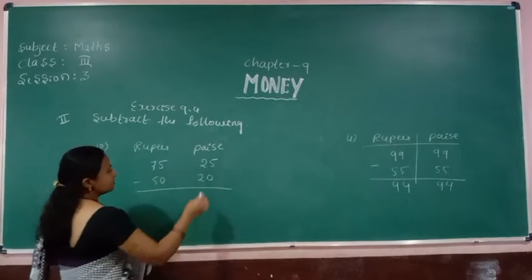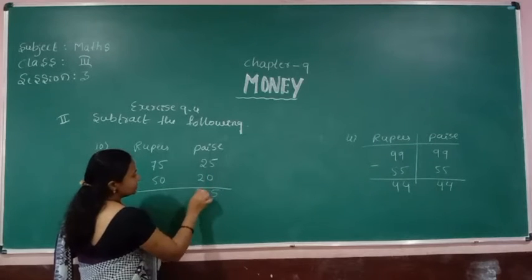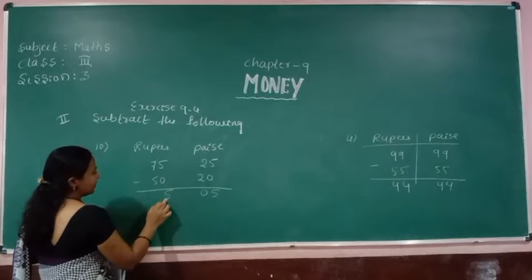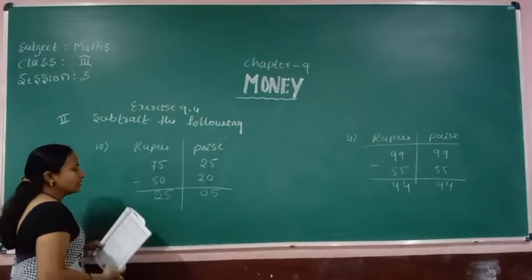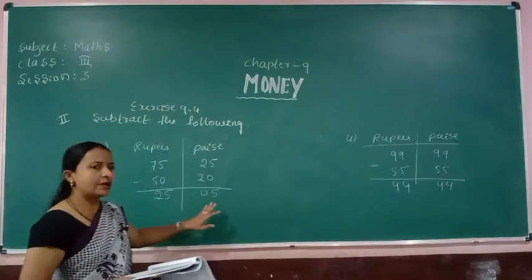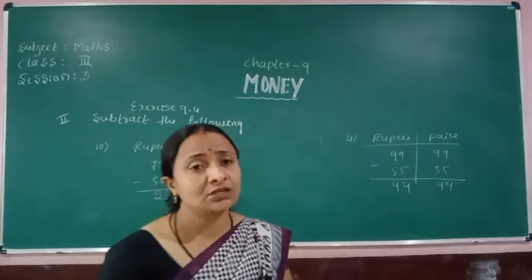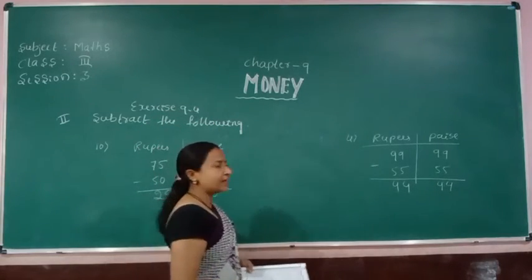Here, see, 5 minus 0 is 5, 2 minus 2 is 0. 5 as it is, we write. 5 minus 0 is 5, 7 minus 5 is 2. It means we get 25 rupees 5 paise. Yes, understood students how to subtract and how to add money, paise and rupees.